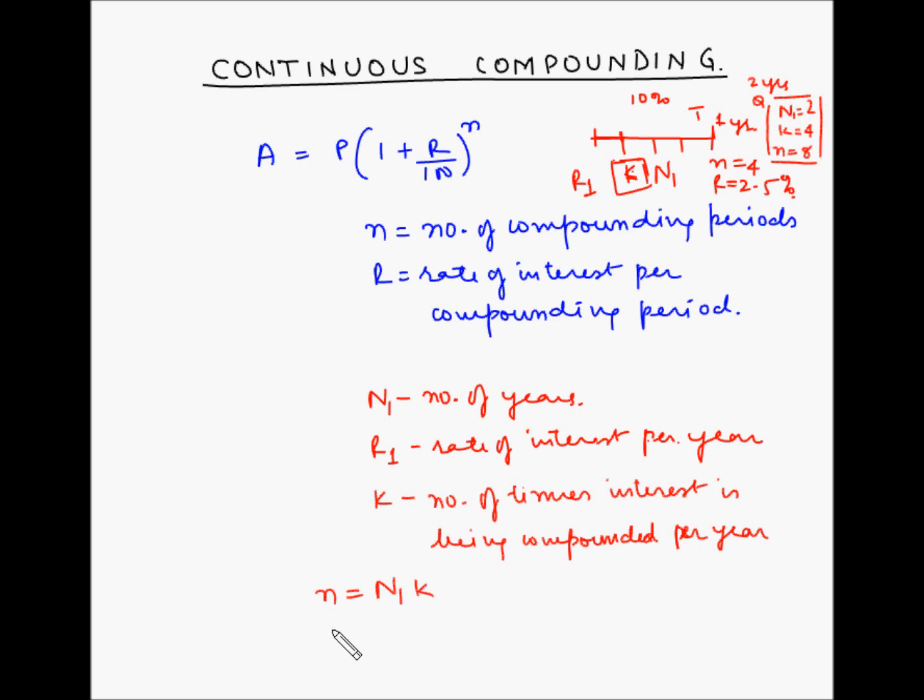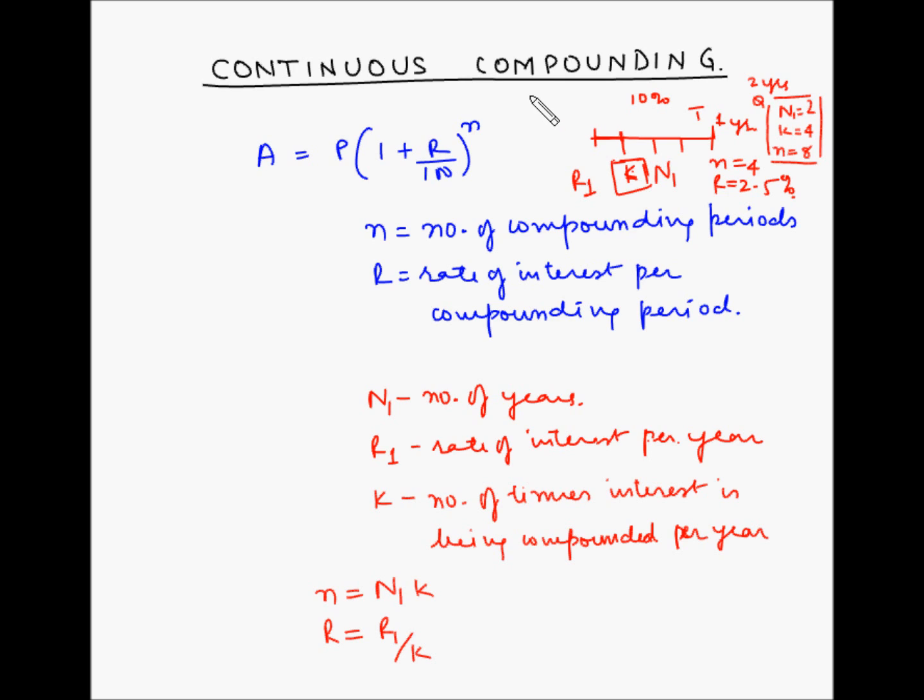Now for the rate of interest, R is equal to R1 divided by K. So with the same example, the total tenure is 2 years, interest is being compounded quarterly, and rate of interest per annum is 10%.